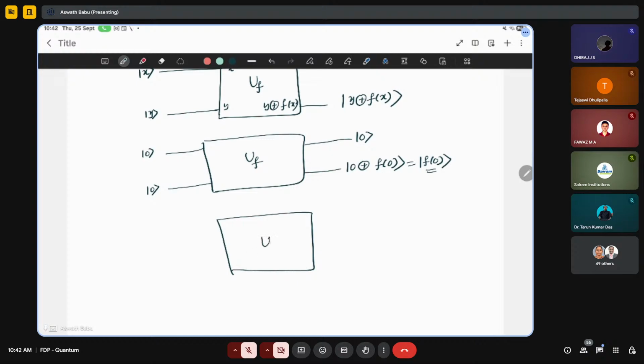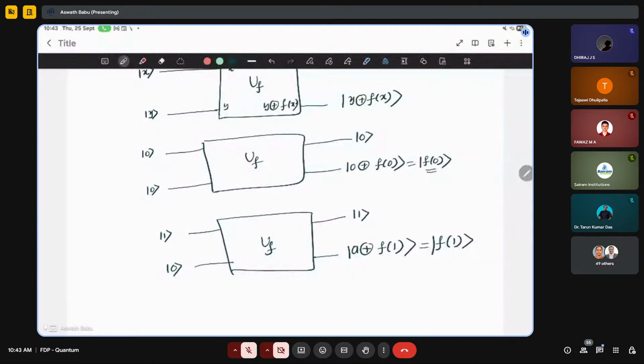Now you leave the target as it is. This time you give control as 1 ket, target is similarly 0. So control goes as it is. Now target is 0 plus f of 1 you would get, which is f of 1 ket. Right?